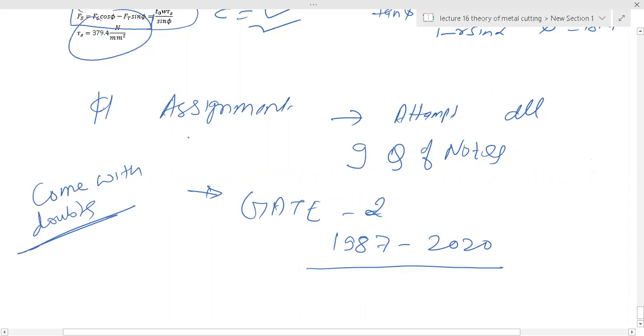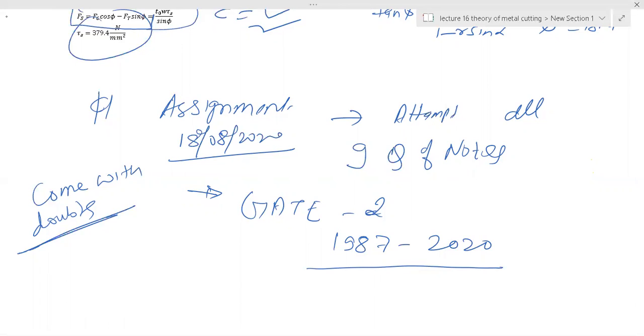Deadline is the 18th. At least you will be able to solve 80%. That is my experience. Then we will be having a doubt clearing session.